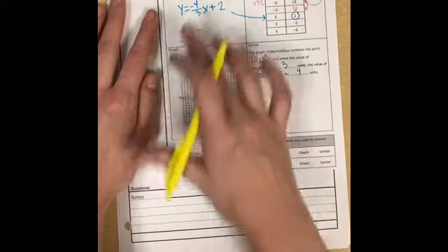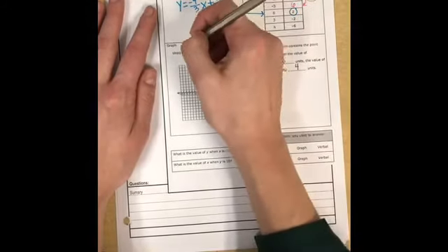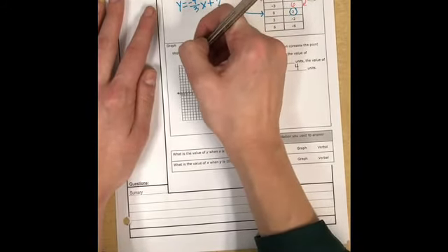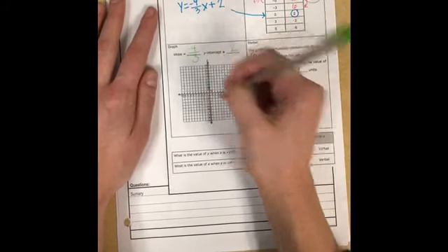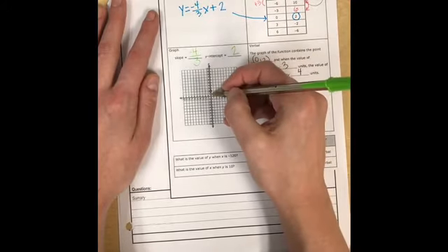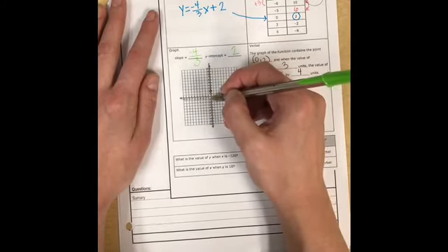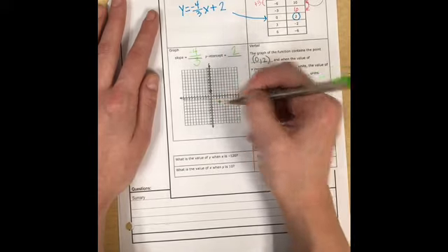Finally, I'm just going to do my graph, and I can pick any one of these to do my graph. So I know that my slope is down 4 over 3, and I know that my y-intercept is 2. So I'm going to go ahead and put my 2 dot there, and then I'm just going to follow the instructions here. So I've got -4, 1, 2, 3, 4, and over 3, 1, 2, 3. I can check my work.